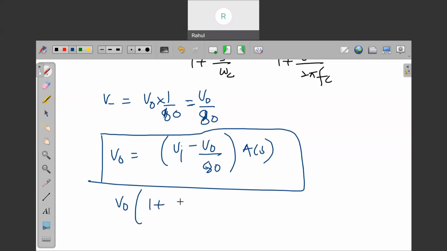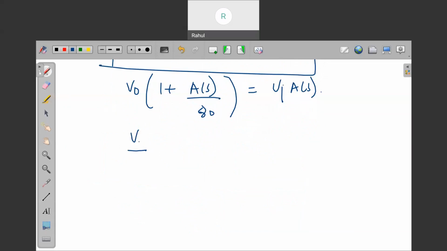So V naught times 1 plus A of S by 80 equals Vi into A of S. From here you can compute V naught by Vi. I'm just deriving this as well, so you will not have any confusion. So V naught by Vi equals A of S upon 1 plus A of S upon 80.